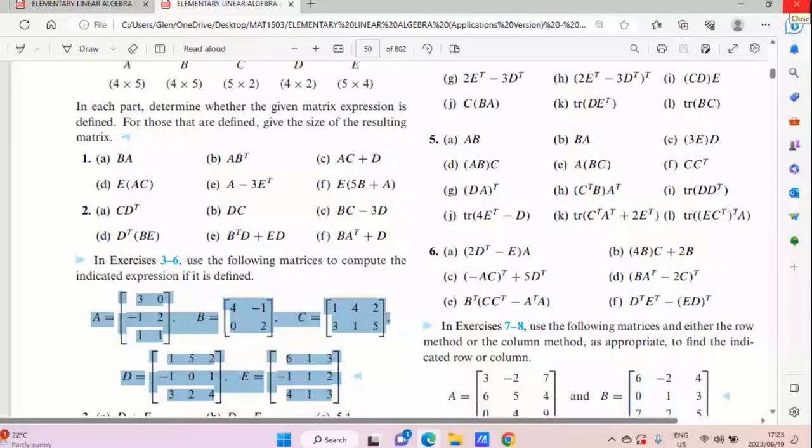Yes, sir. I'm interested in the size of the final matrix. What is the size of the final matrix? The size of the final matrix will be 3 by 2.